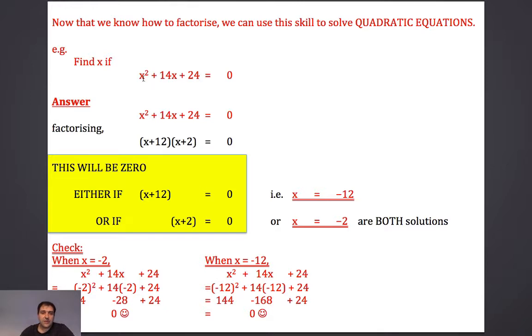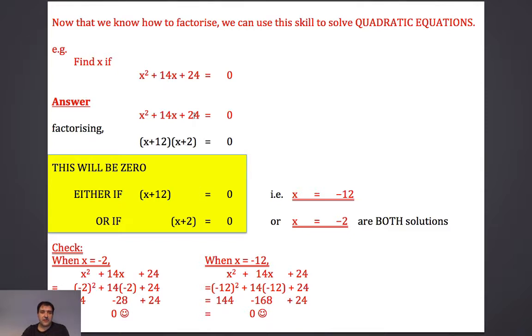So if we start off with x squared plus 14x plus 24 equal to 0, we want to solve that. We want to figure out what value of x will make that equal to 0, and so make the whole thing balance. So we can factorize it, and you can pause the screen and do the whole list if you like, but I'll tell you that it factorizes into x plus 12 times x plus 2.